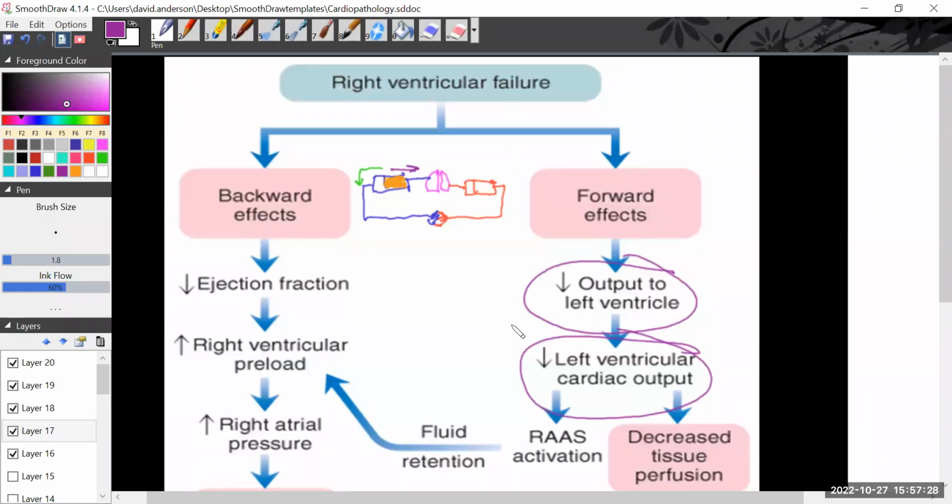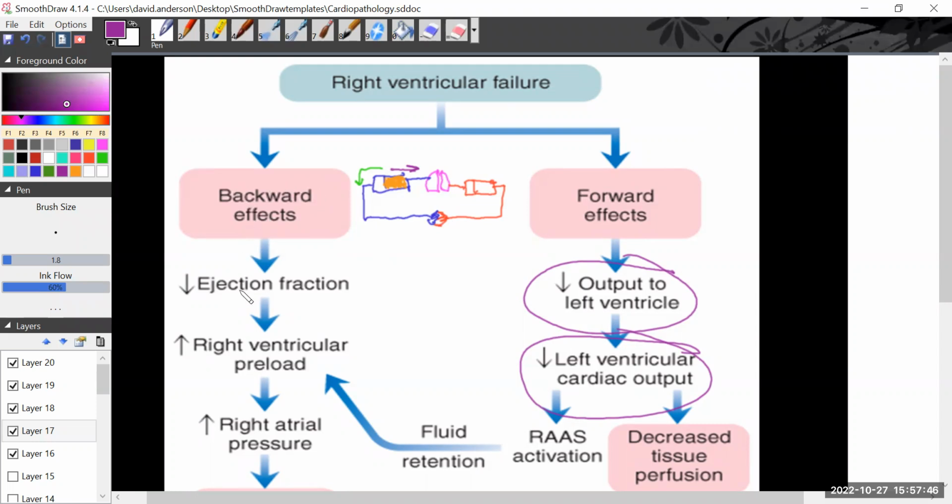So what we're saying in a right ventricular failure is there are no symptoms per se in the lungs. If it's a right ventricle failure, then the lungs are fine, the left ventricle is fine, but the right ventricle is faulty.